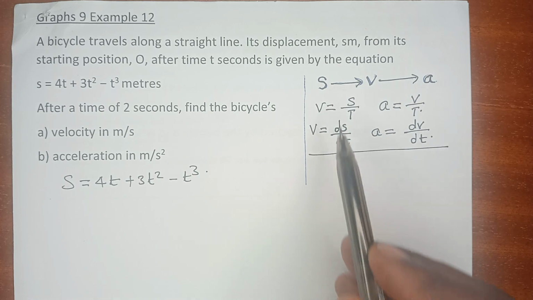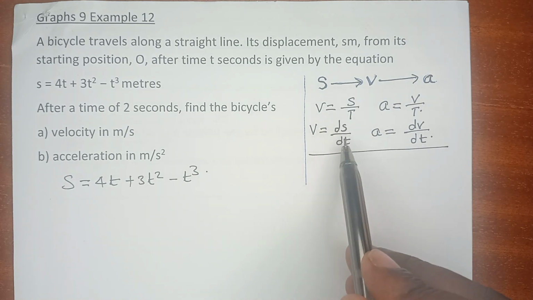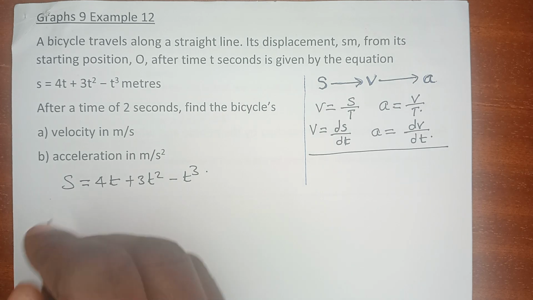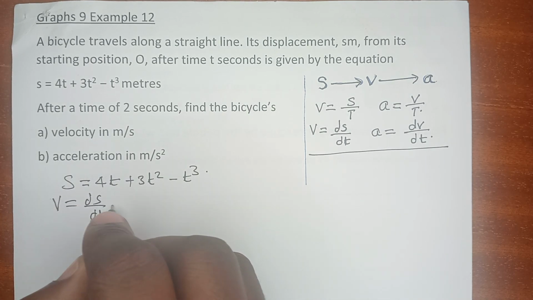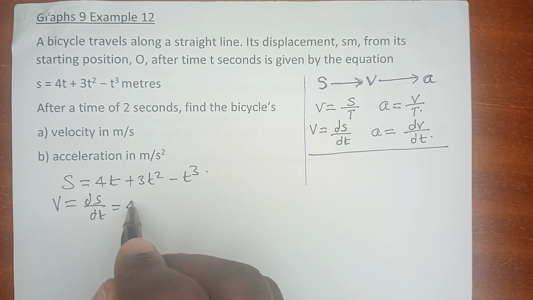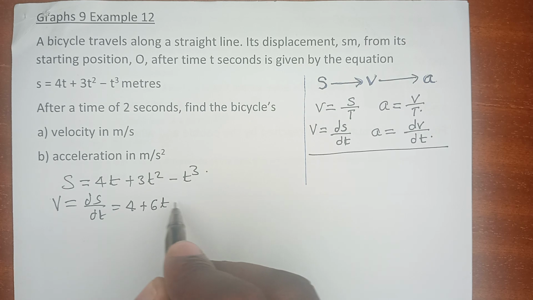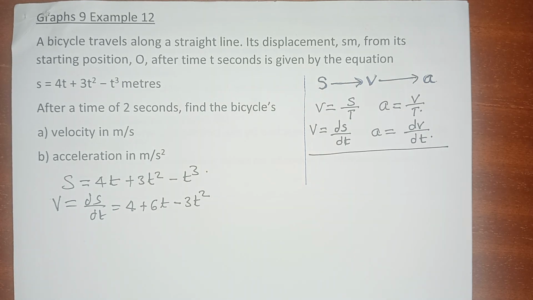Of course, as we have explained, for us to get the velocity, we have to have ds/dt. We have to differentiate the function of the distance with respect to t. So v is ds/dt, whereby we just differentiate this, which is 4 plus 6t minus 3t squared.